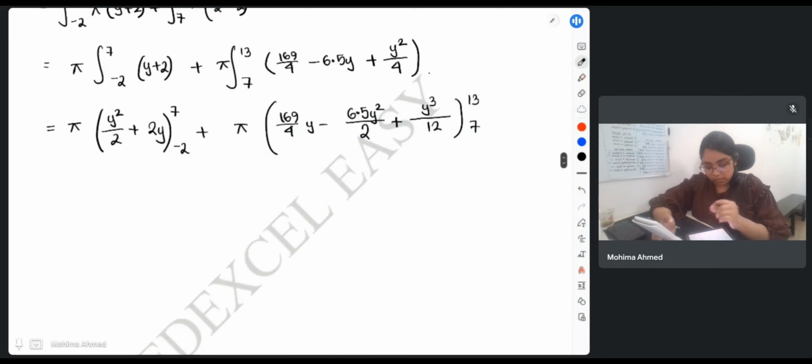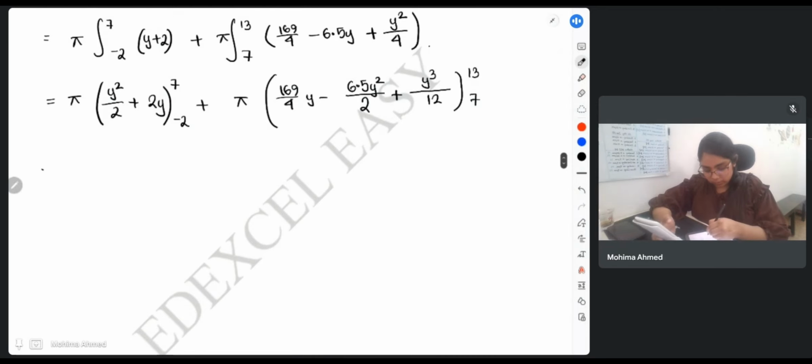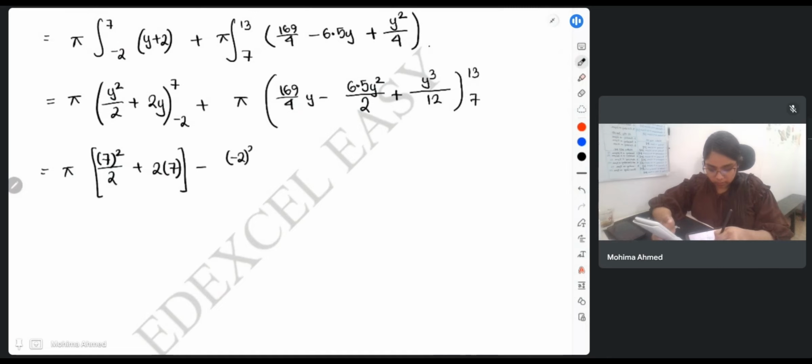Now we're going to input the values of the coordinates in this part. That's going to be 7 squared by 2 plus 2 times 7, minus 2 squared by 2 plus 2 times minus 2.